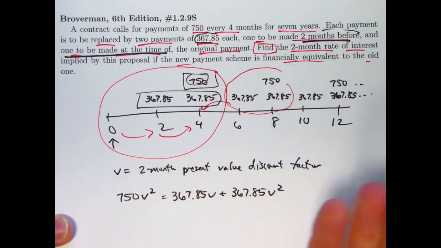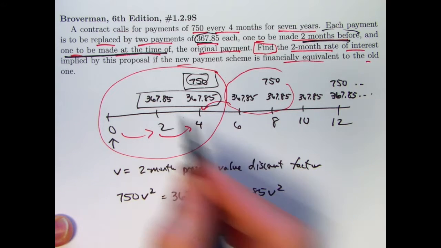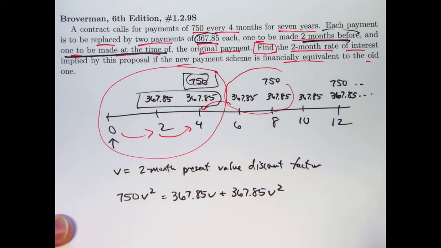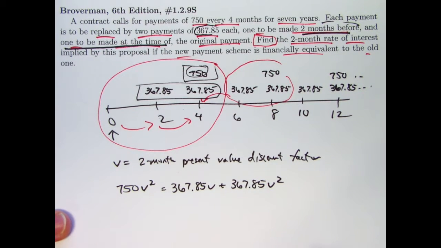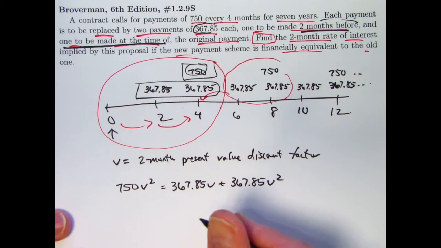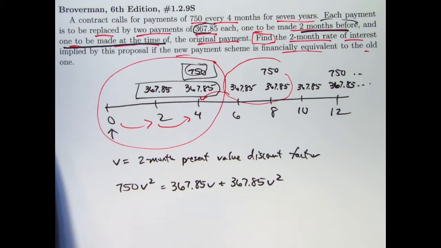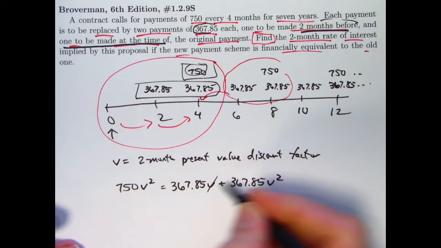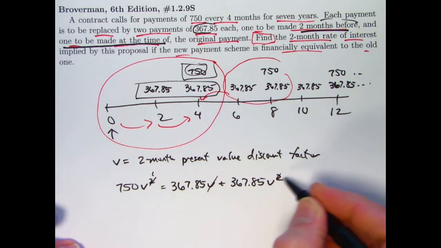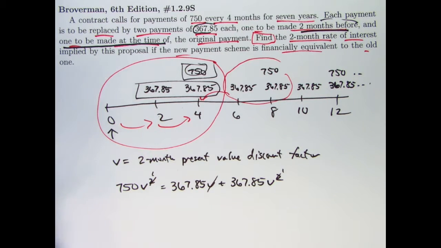I'm doing it at time 0. Actually, I could find equivalent values at time 2 or time 4, and doing it at time 4 might be a little simpler because I'll get to my interest rate more directly, but let's go ahead and finish it this way. V can't be 0, so you can cancel one of the V's in all these.